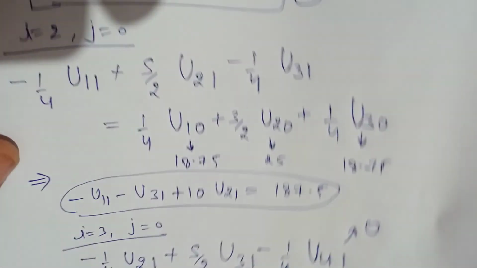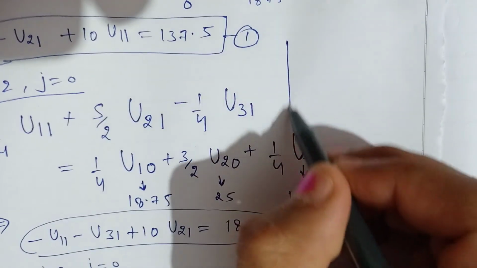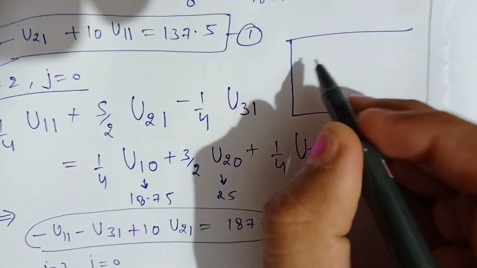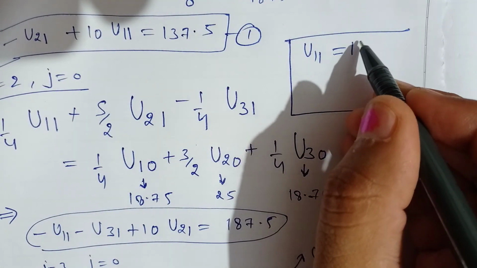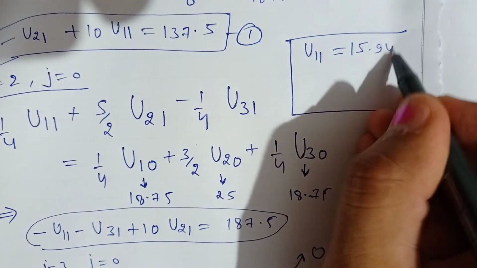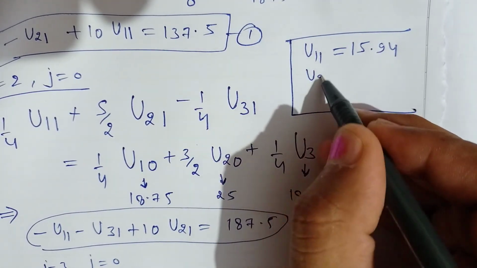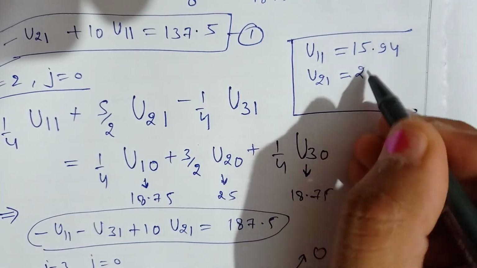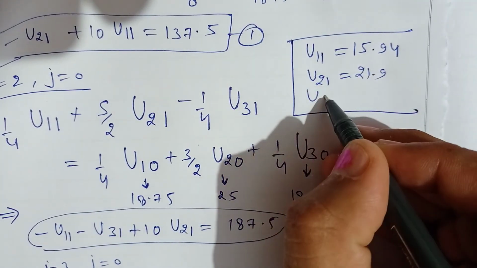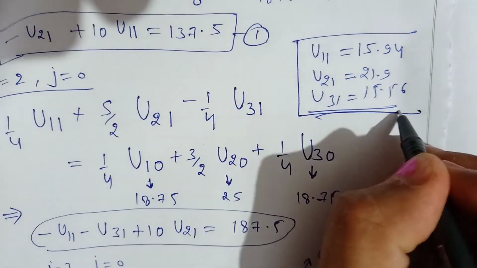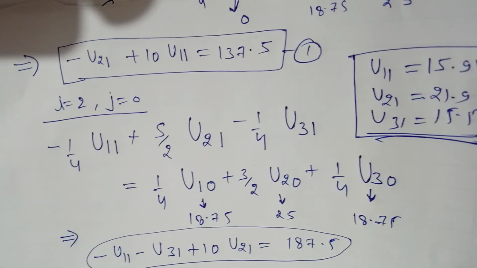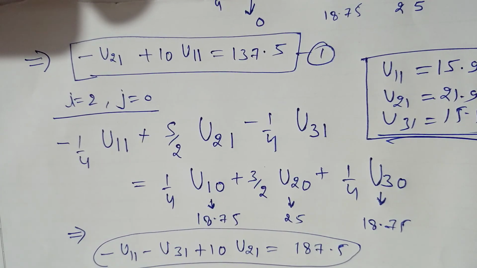If we solve these three equations, we get the values of the unknowns: u11 equal to 15.94, u21 equal to 21.9, and u31 equal to 15.56. So these are the values of u for the first time step.